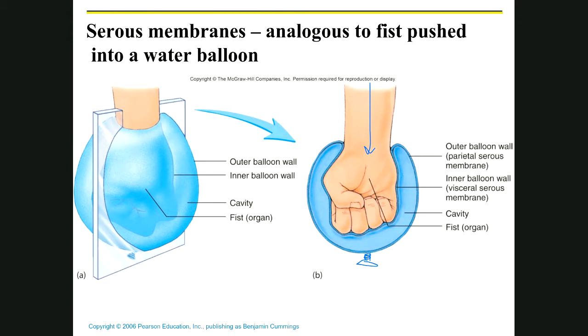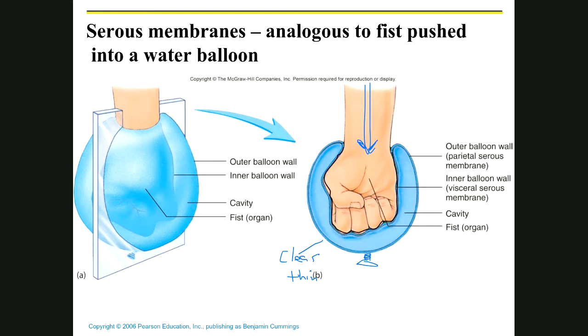Well, look, this balloon is clear. It's like that cellophane. It's clear, it's thin. Well, when I push my fist down in here, I create two layers. So look, there's one layer that's touching my fist. It's right here. And then there's one layer that does not touch the fist. It's right here.